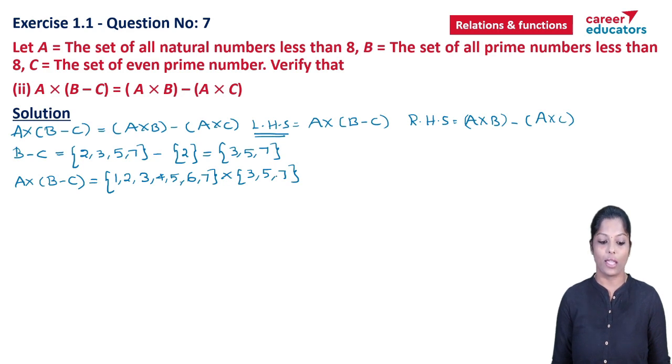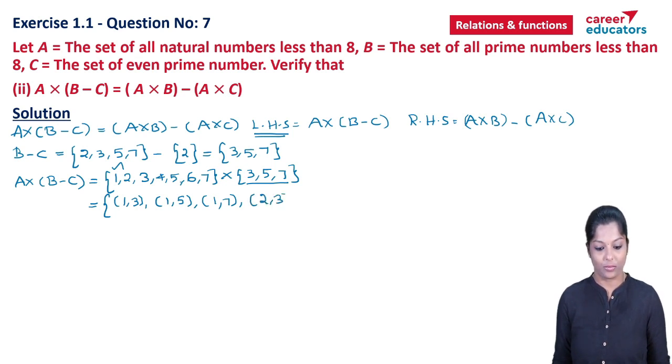To find A cross (B minus C), we have to pair each element of A with each element of B minus C. Next, we take the first element of A and pair it with all the elements of B minus C. We will get (1, 3), (1, 5), (1, 7). Likewise, we do it for the remaining elements of A.